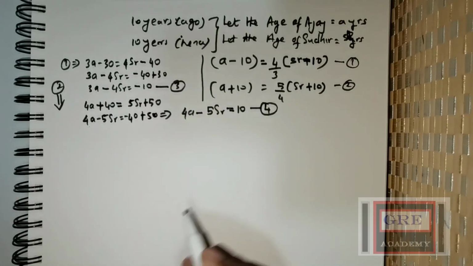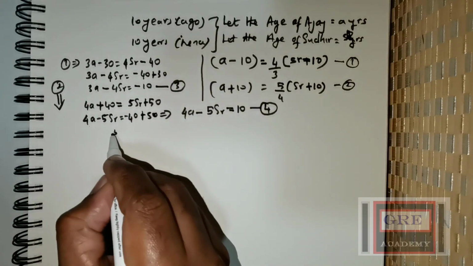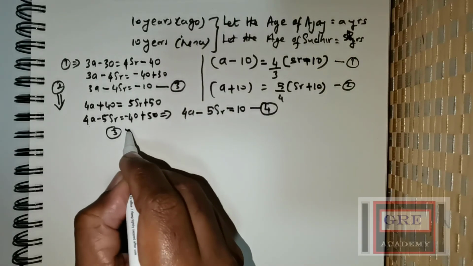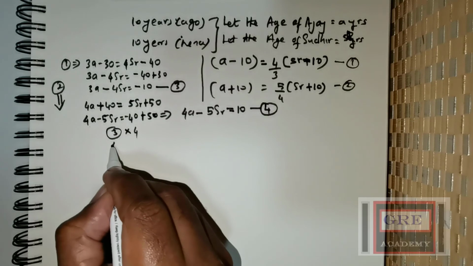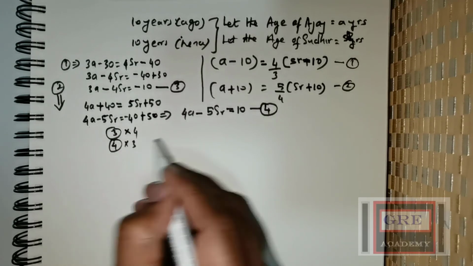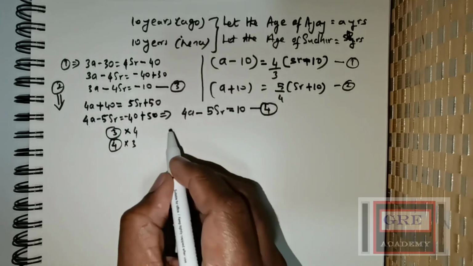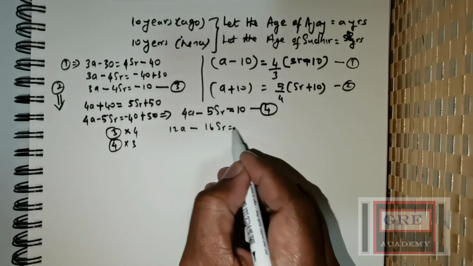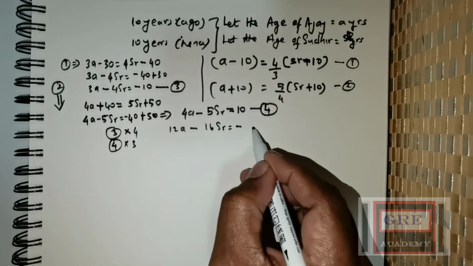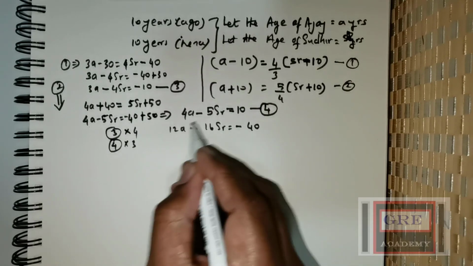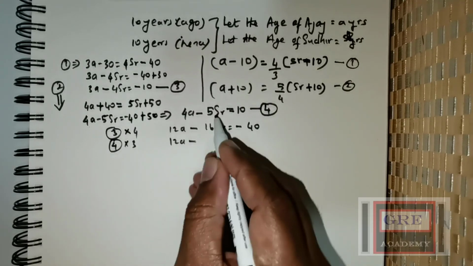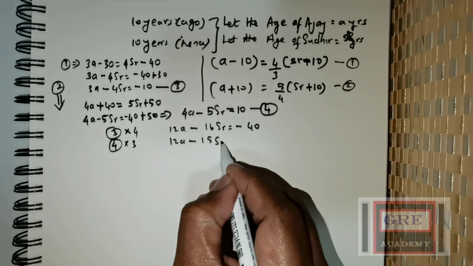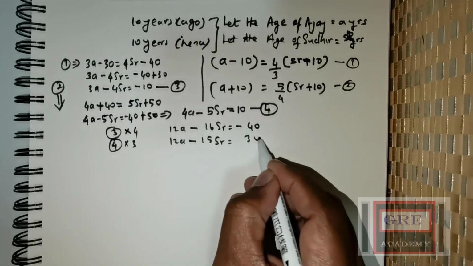I'm going to take equation 3 and multiply it by 4, and equation 4 multiplied by 3. So this is going to be 12a - 16 SR = -40, and 12a - 15 SR = 30.